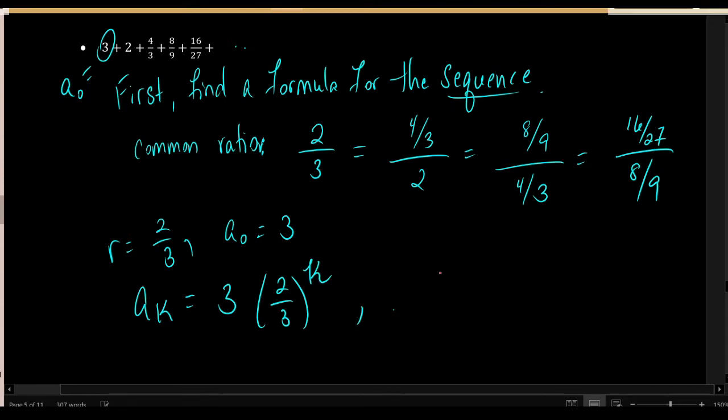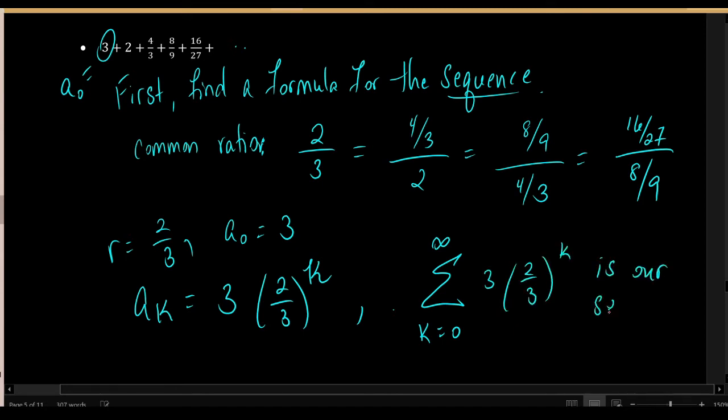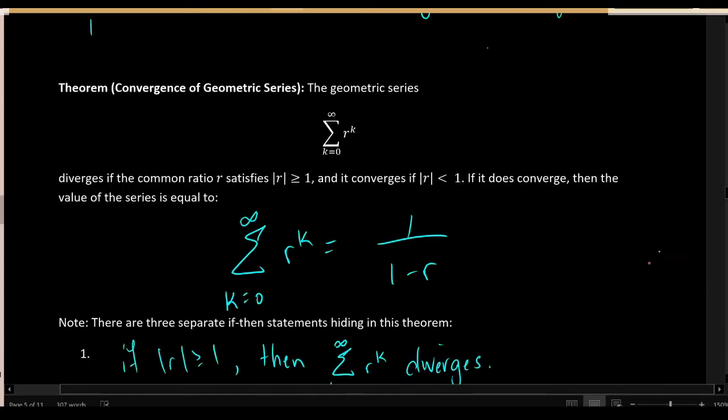And so our series is the sum from 0 to infinity of 3 times 2/3 to the power k. Now comparing what we have to the expression in the theorem, notice that the expression in the theorem doesn't have a visible initial value, a0.